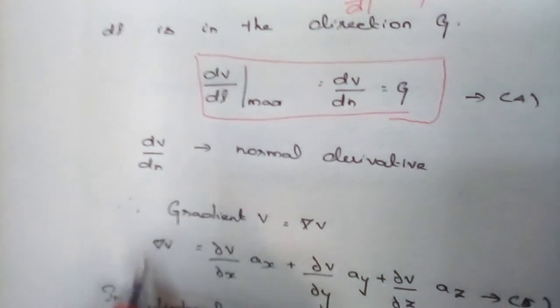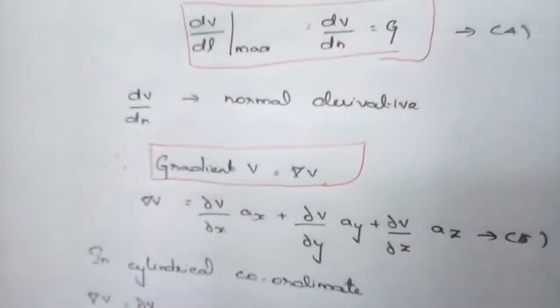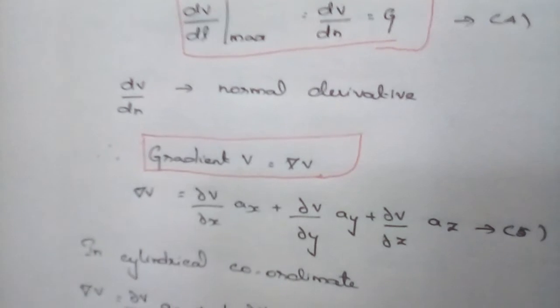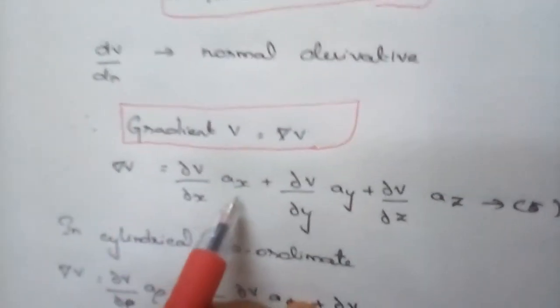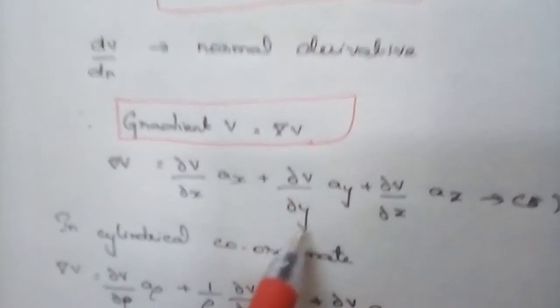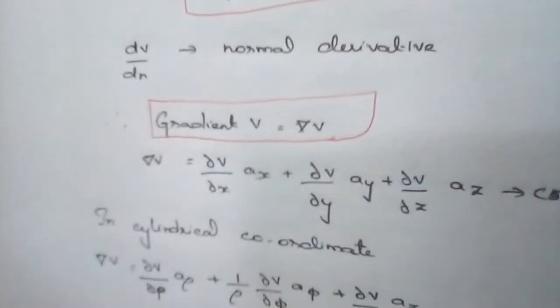In general, the gradient expression can be written as G equal to del V. This del V is dou V by dou x into ax plus dou V by dou y into ay plus dou V by dou z into az.